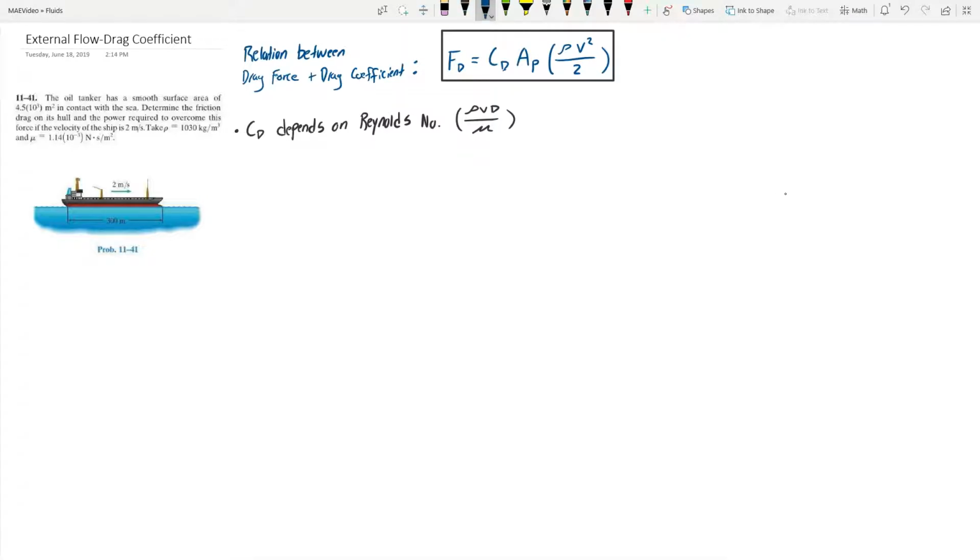So for steps, what we would do is, if possible, we would find the Reynolds number. And after we find the Reynolds number, we would identify whether this is laminar, turbulent, or a combination.